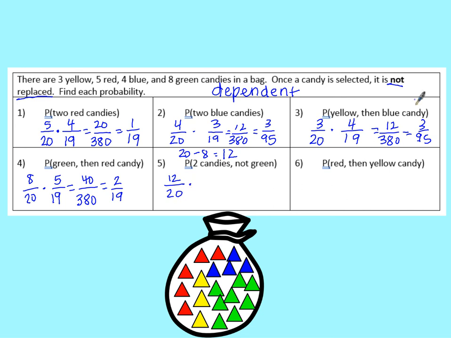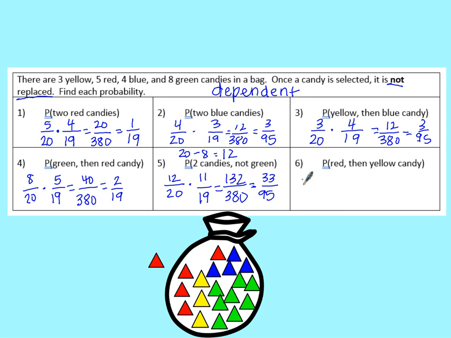Then, if we've already pulled a red, that one's not green, so we have 11 possible candies left that aren't green, and there are 19 candies still in the bag, because the green ones are still sitting in there. Even though we don't want them, there's a chance we could pull one out. So here we have 12 times 11, which gets us 132, over 380.